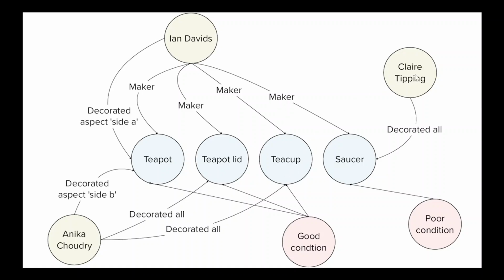Finally, a third artist, Claire Tipping, decorated the saucer. So we need to use parts and aspects to create and demonstrate the relationship our parts have with these different people and who decorated what.